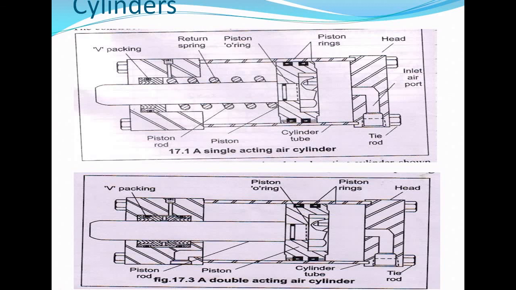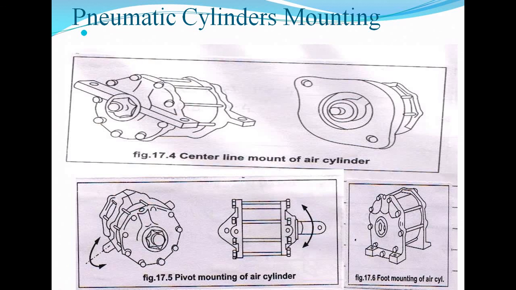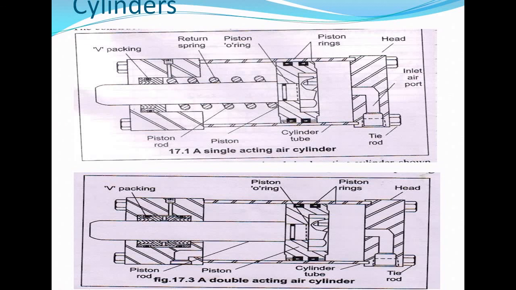Then this is the other type, that is the double acting air cylinder. In case of a double acting cylinder, we will be having forward as well as backward motion. So instead of one, we will be having two ports. This is the first port and this is the second port. In this figure you can see the piston rings, O-rings.